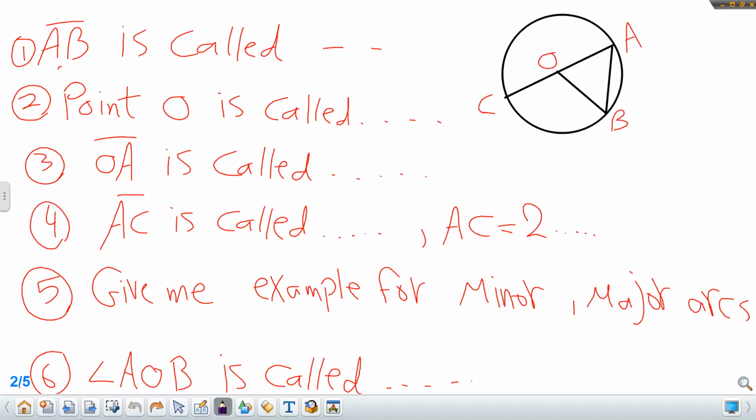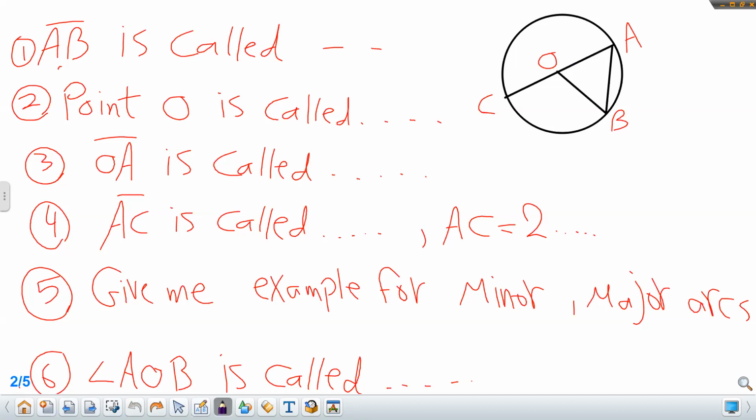What about arc? An arc is a part of the circle. We can find the length of an arc and the measure of an arc. And angle AOB, for example, has its vertex at the center O, so we can say this angle is called a central angle.